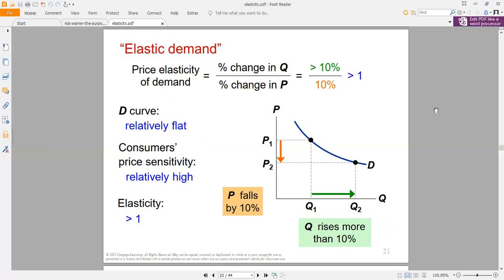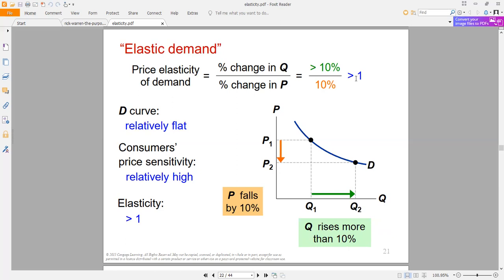Then let's look at elastic demand. For elastic demand, the percentage change in quantity demanded is greater than the percentage change in price. So if price changes by 10%, then quantity demanded will change by something greater than 10%. Your answer will be greater than 1.